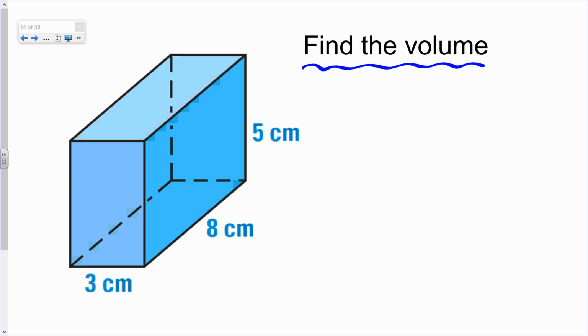The volume formula, capital V. And what's the alternative formula they gave you instead of that? Did they give you a capital B formula? No.